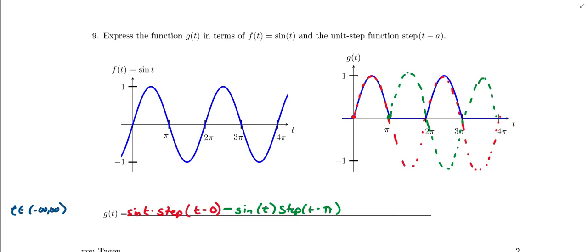Okay, so that works, that gets us started, but now by the time I get to time t equals 2 pi, I want to start displaying that sine function again. So let's do that. When I get to time t equals 2 pi, I want to add in a sine function. So this function now turns on here at time t equals 2 pi.